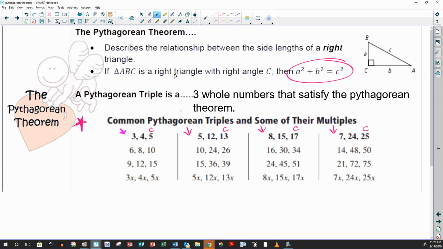So if triangle ABC is a right triangle with the right angle C, then a squared plus b squared equals c squared. Remember, the converse is saying it in reverse. So I would say if a squared plus b squared equals c squared, then triangle ABC is a right triangle with right angle at C.